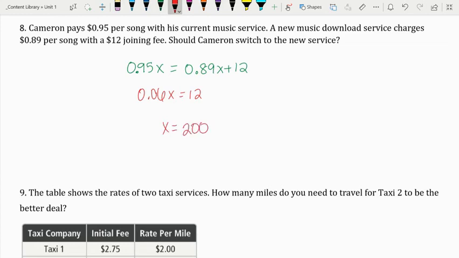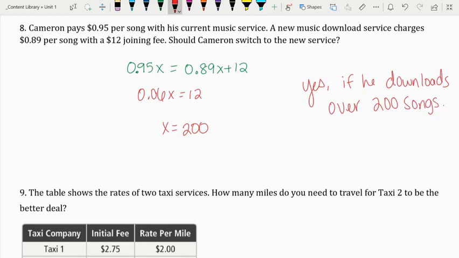Okay, so we're talking 200 songs is when they match. So Cameron should switch if he's going to download over 200 songs. Because after the 200 songs, 89 cents per song is going to be cheaper than 95 cents.